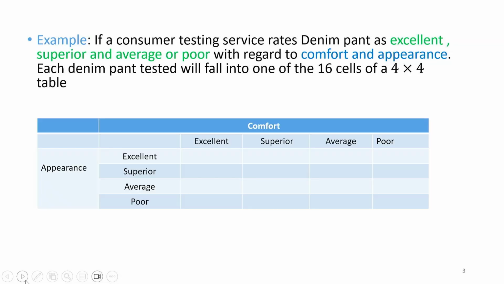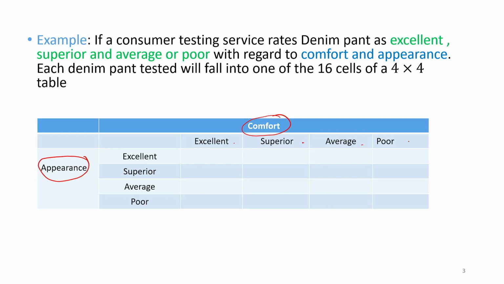Now look at this. We have comfort and we have appearance. Comfort is in the first row, we write it, and appearance we are writing in the first column. Then below comfort I write excellent, superior, average, poor.